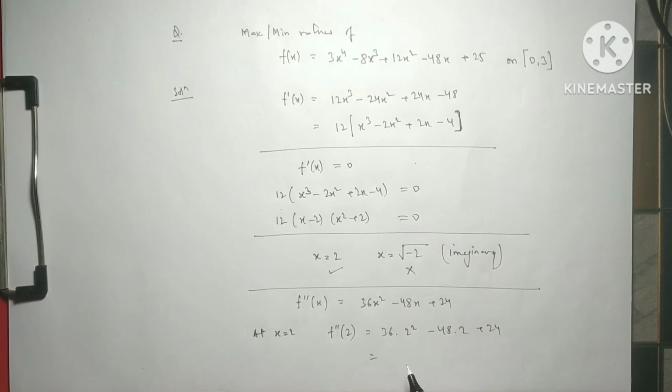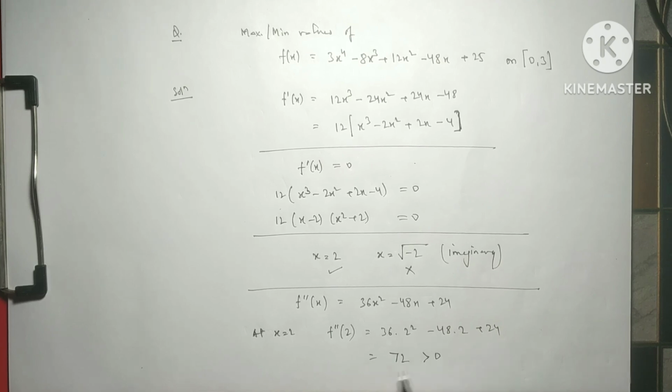So on solving this we get 72. So this is greater than 0, or you can say positive. So it shows local minima.